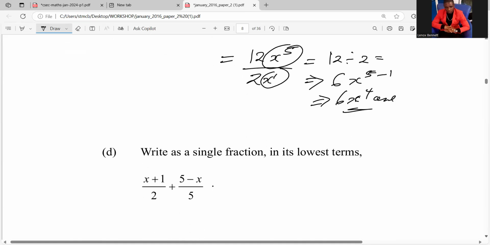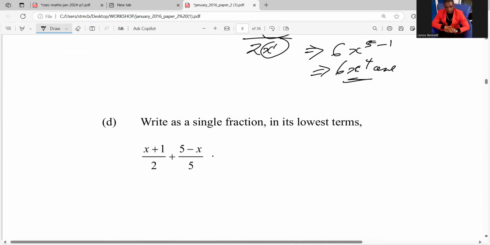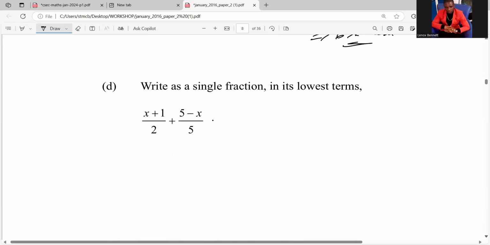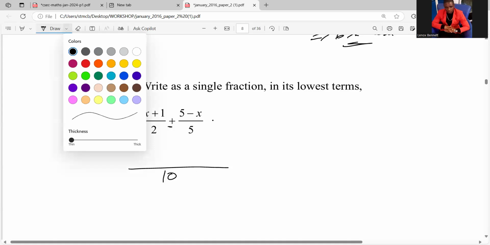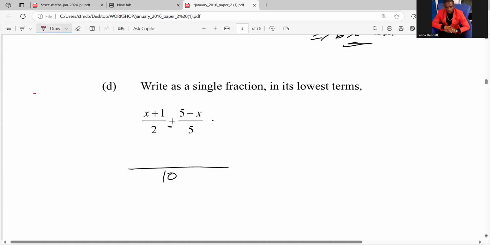This one says write as a single fraction in its lowest terms. So we have addition, so we know we have to bring them to the same denominator. Now, what's the lowest number that can go into 2 and 5? That would be 10. And of course, 2 into 10, how many groups of 2 can we get out of 10? That would be 5.